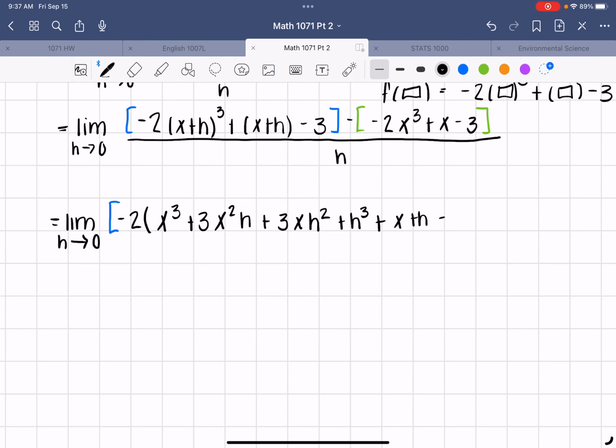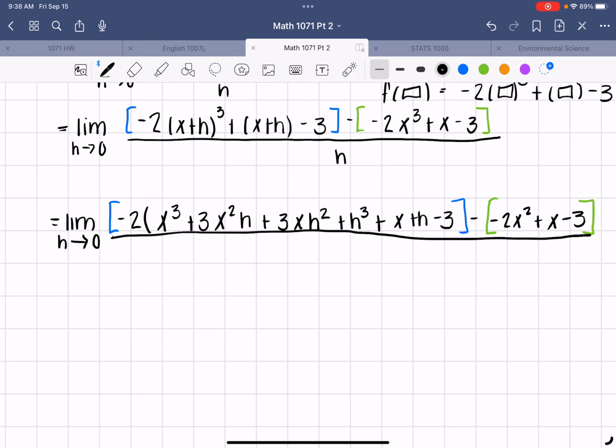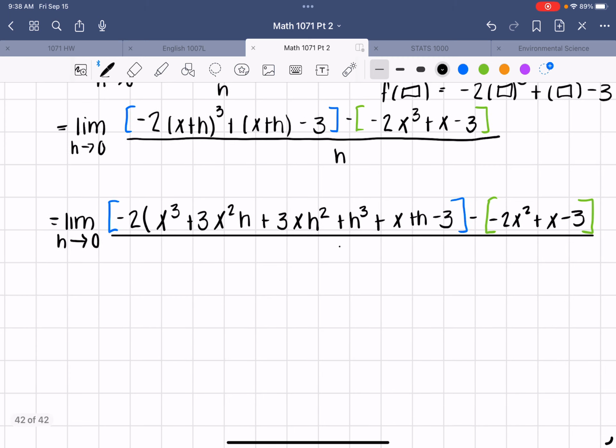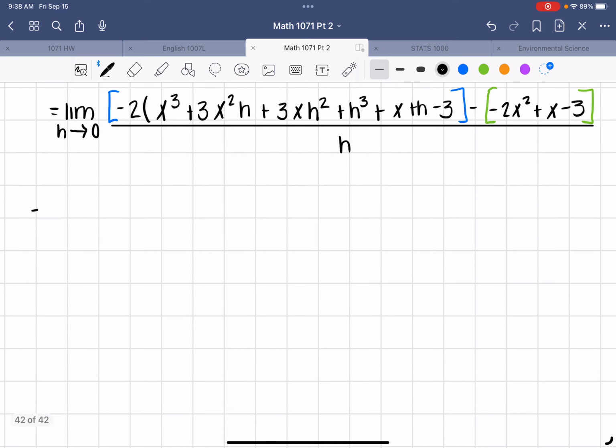And now I'm going to distribute the -2 across the parentheses. You distribute multiplication. Maybe that orange step you would have done in your head, you're welcome to do it in your head. So here I have -2x cubed minus 6x squared h.